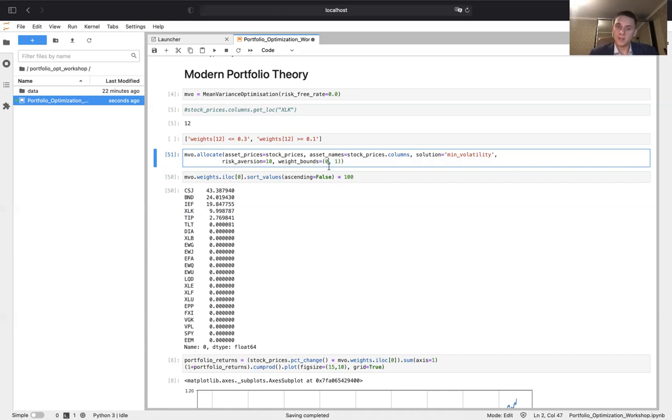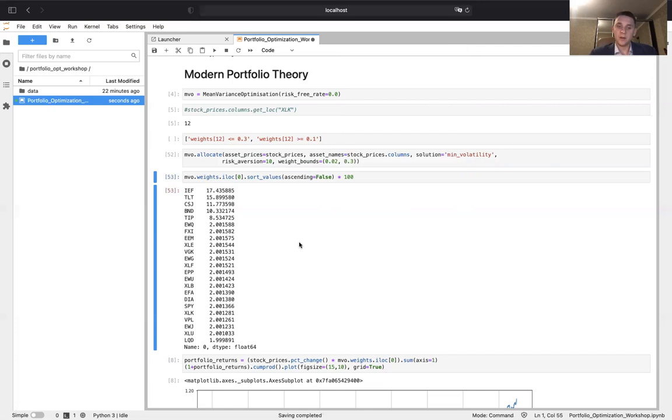The first element is the minimum weight, and the second element is the maximum weight. So let's say that we want to have a minimum weight of 2% and a maximum weight of 30% in our portfolio, and still we minimize the volatility of our portfolio.